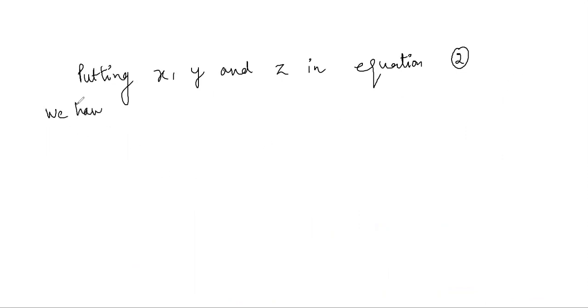Putting x, y and z in equation 2. Equation 2 is our first constraint, lx plus my plus nz equal to 0. We have lx, it will become minus a raised to power 4 lambda l square, then in denominator we have 2 1 minus a square u.